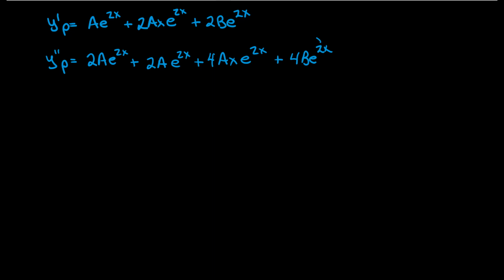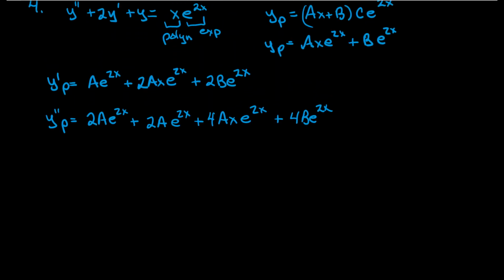Remember, when you take the derivative of this, you multiply it by whatever the coefficient was, and that was a 2 originally. Okay, so now we can start substituting in our derivative, our second derivative, and our trial solution into our original equation.